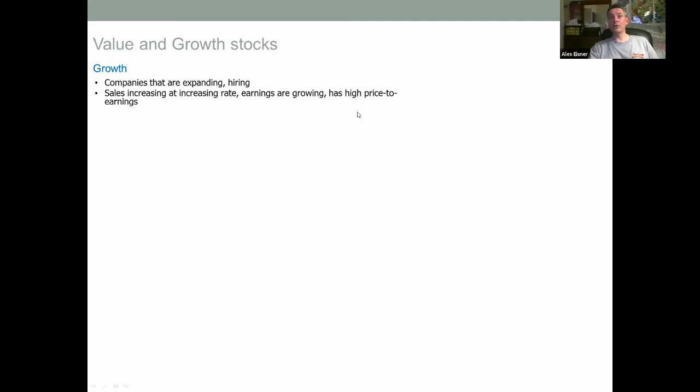Earnings, if they actually have positive earnings, are growing, and it will have a high PE because a lot of the price is future earnings that are being built into that high price. So think of Tesla. Oh my God, they don't even have a profit at this point, but they have a huge price.